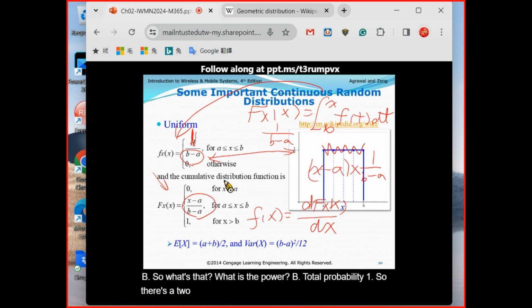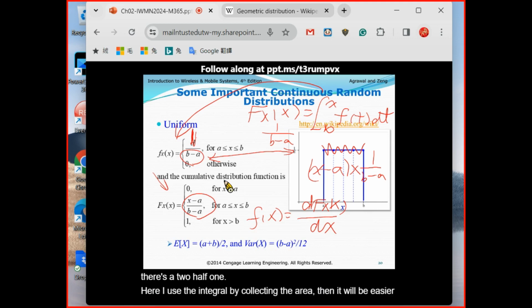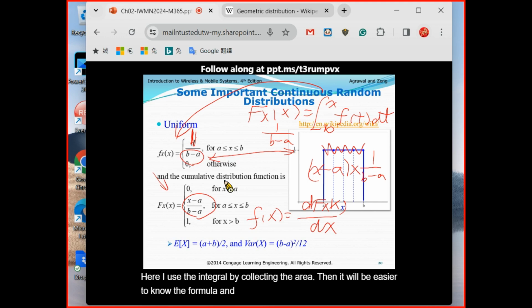Here I use the integral by collecting the area, then it is easier to know the formula. To know the area is 0, the area is 1, and if we have a point x in between A and B, how to find the area? We carry out the integral. It's x minus A multiplied by the height, and the height is 1 over B minus A. So of course it should be this.